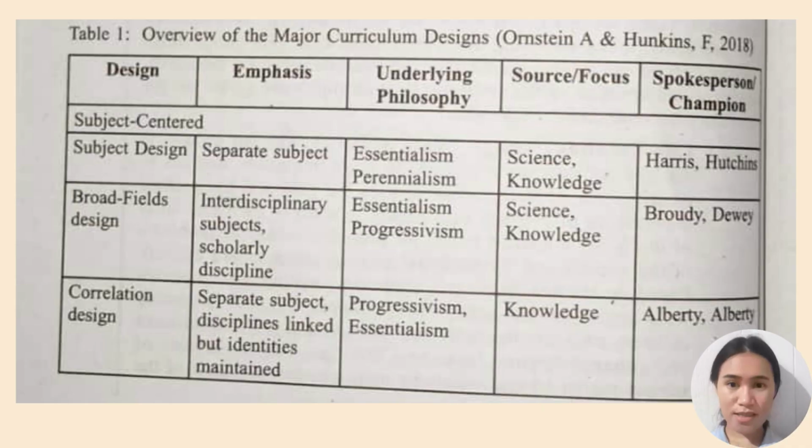So as you can see, this is Table 1, an overview of the major curriculum designs. The design is subject-centered, and you will know their emphases, underlying philosophy, the source or their focus, or the spokesperson of this design.